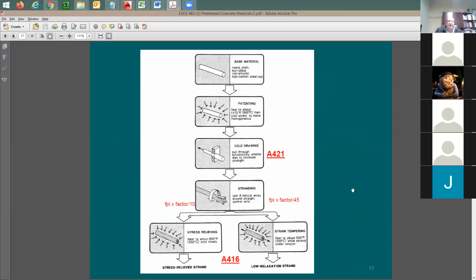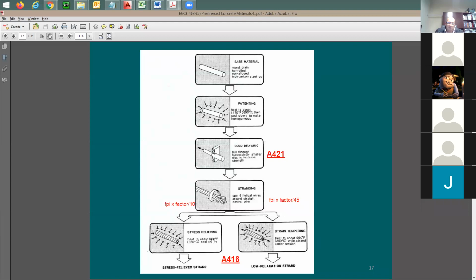Which one do you think is going to have more losses? A416 stress relief or low relaxation strand? Which one? Again, anyone remembers this? Does the low relax lose more or does this one lose more pre-stress?